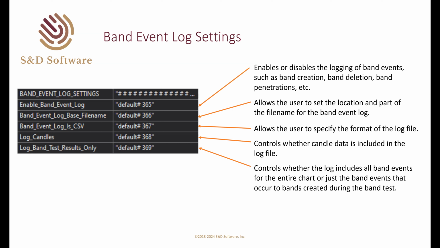You can set a path name for the log, which tells it where on your disk drive to put the log and what to use as the basis for the name of the log. And then the tool will append several things to whatever you give it to use as the base of the name.